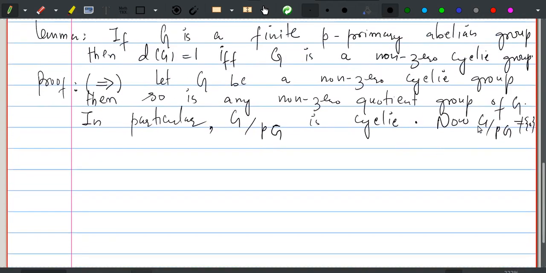Now one can see over here this G/pG is not the null subgroup, because neither G is infinite nor G is the zero group, so this is not equal to 0. So this means that the dimension of this G/pG is 1.